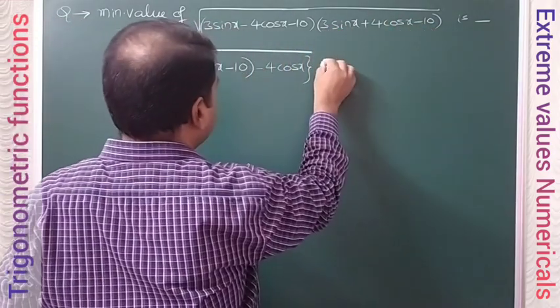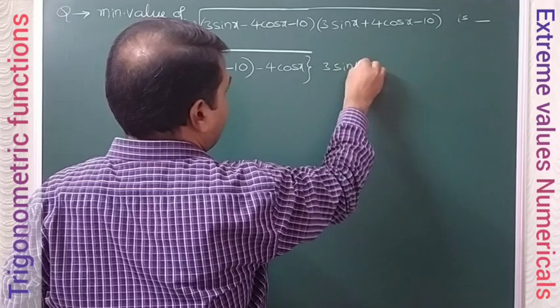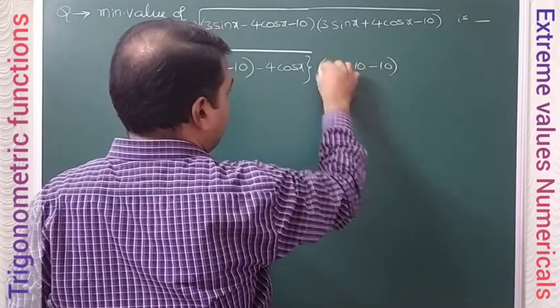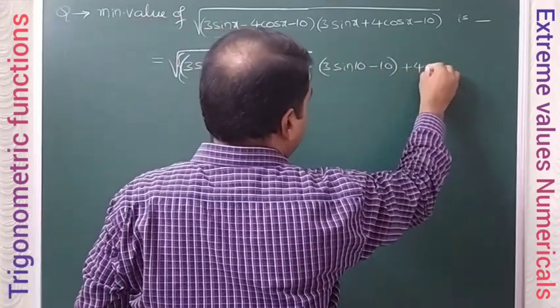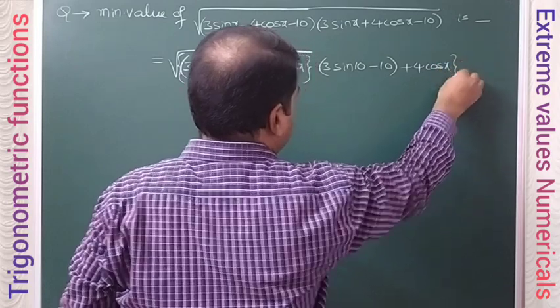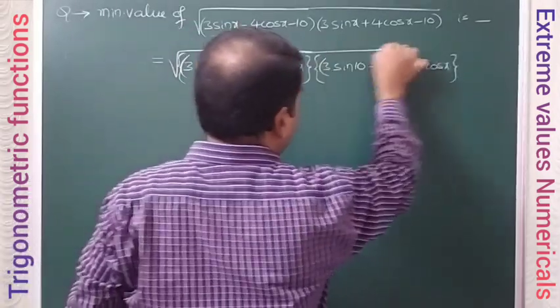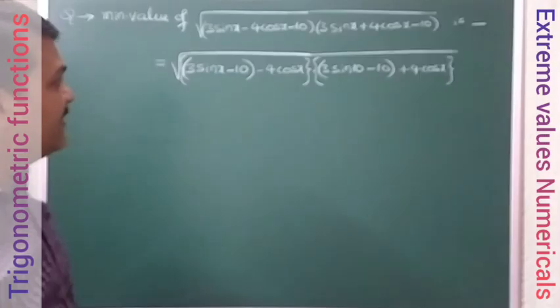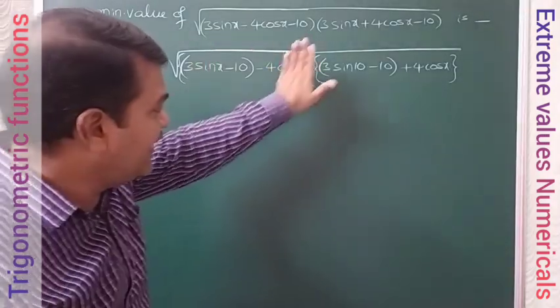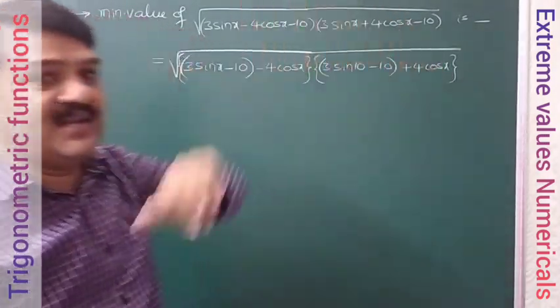Similarly here, 3 sin x minus 10 taken as one part, plus 4 cos x another part.